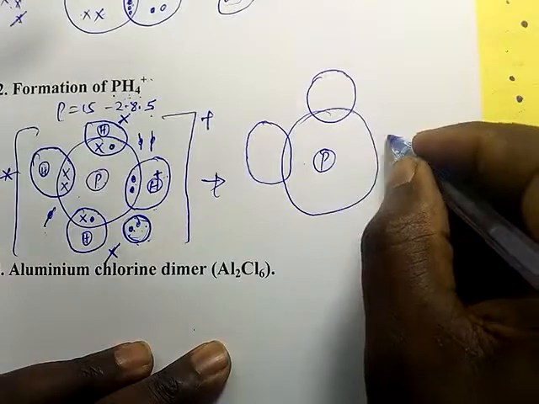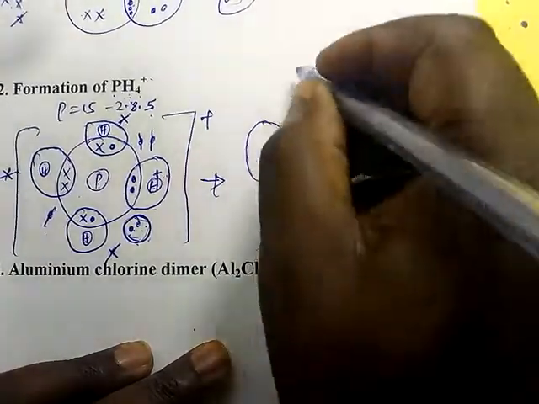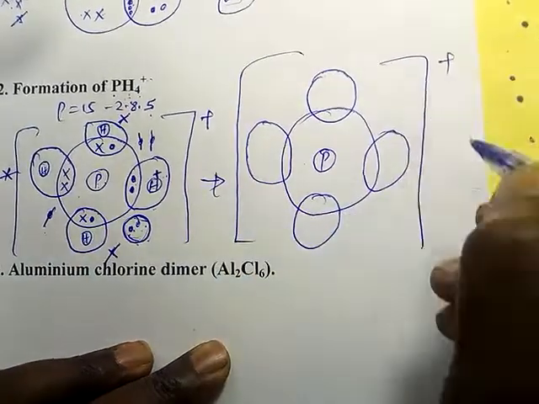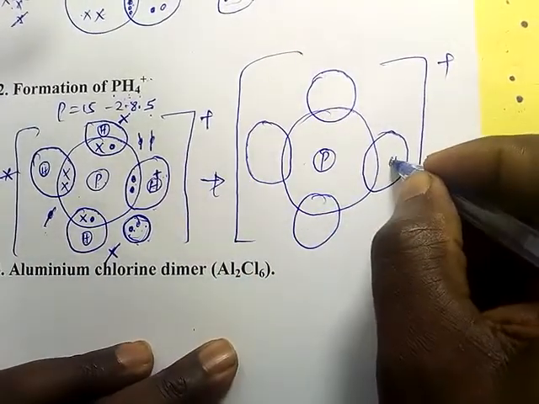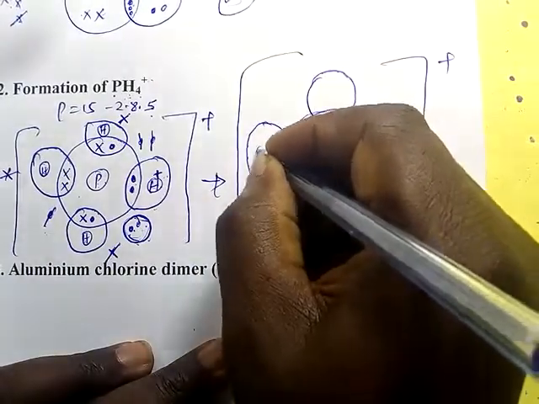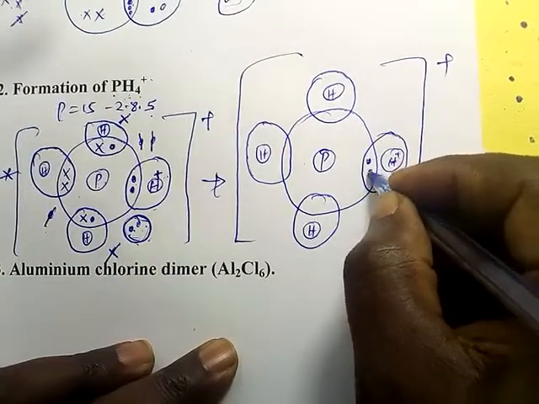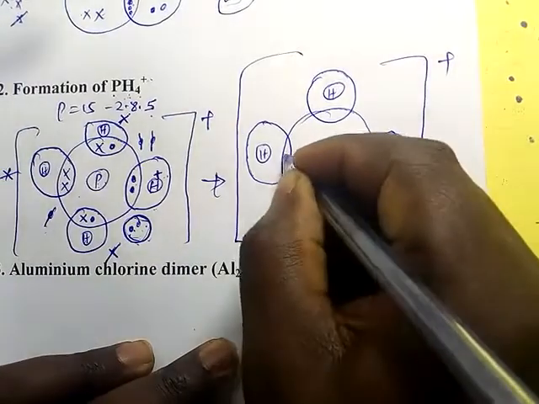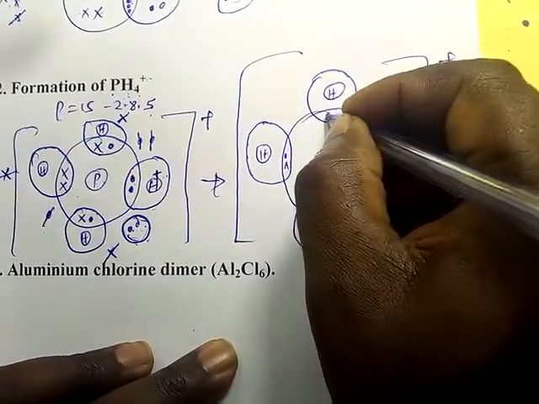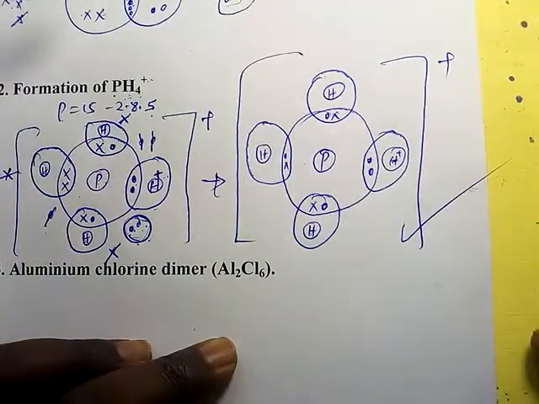Now you know how it should look. This is hydrogen positive, hydrogen, hydrogen, hydrogen. Here we said it is going to receive 2. This is X, this X, this X. This is what is required.